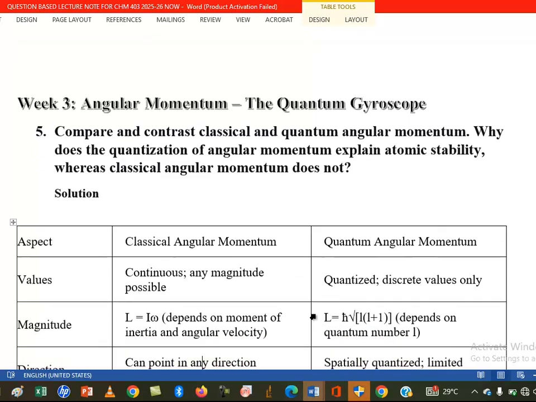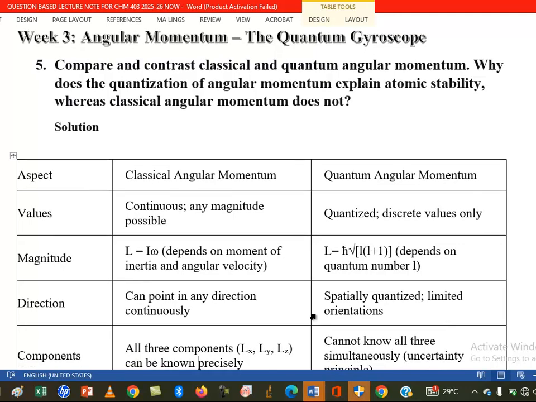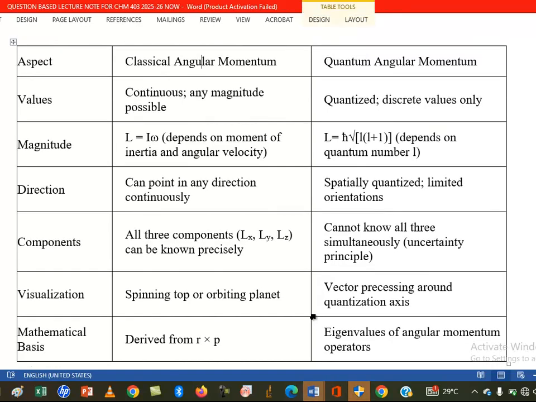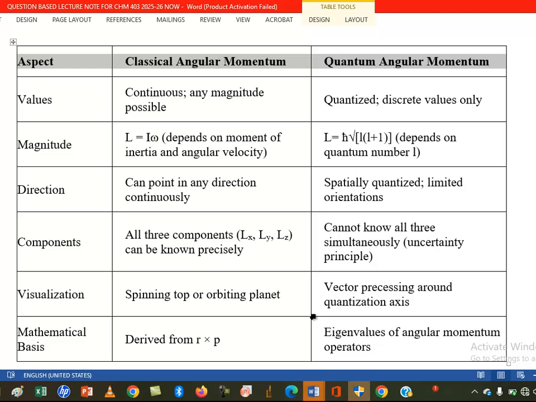So for compare and contrast, you can put it in a tabular form to make it easier for you. And then we have different aspects. So we have it in this tabular form. These are the titles, and then we look at the values.